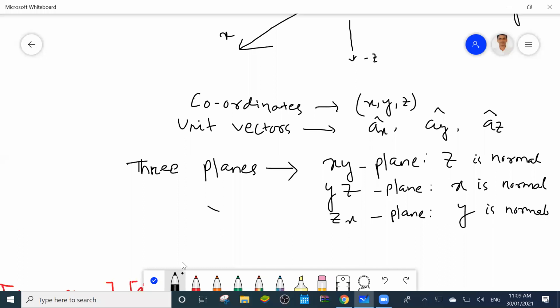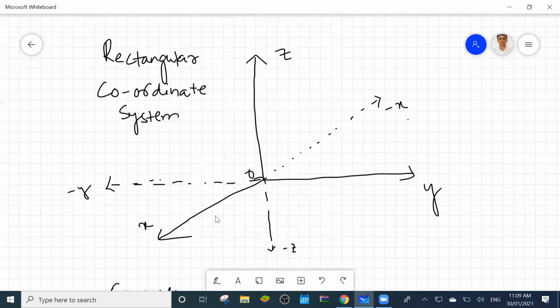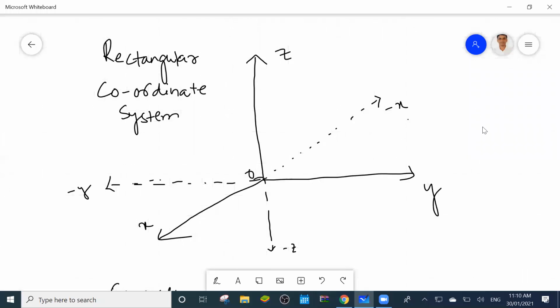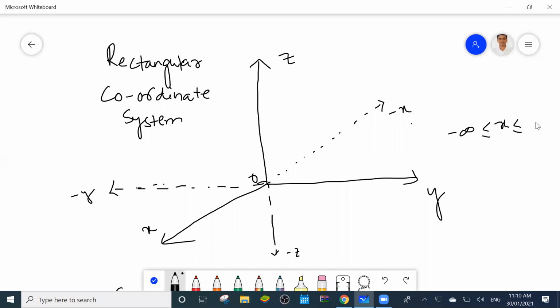Okay. So if you see the range of x, y, z, what is the coordinate value of x, y, z? So this is x, suppose. The x value is from minus infinity to infinity, because this is axis.